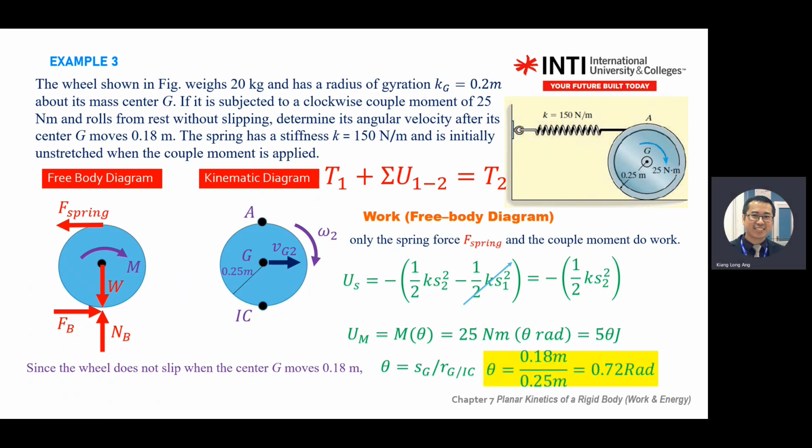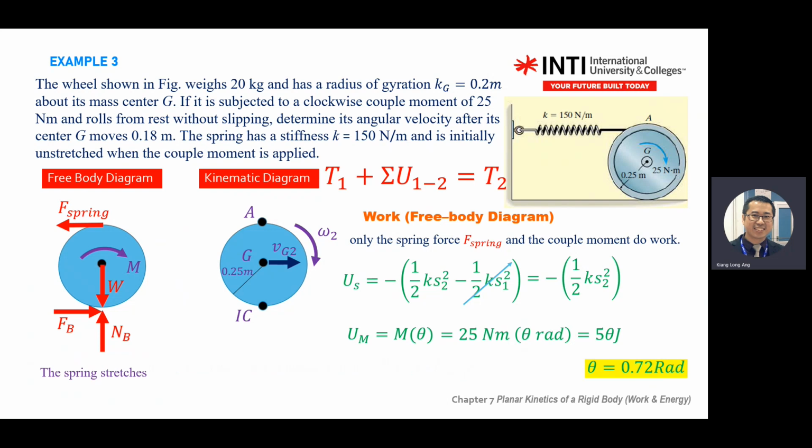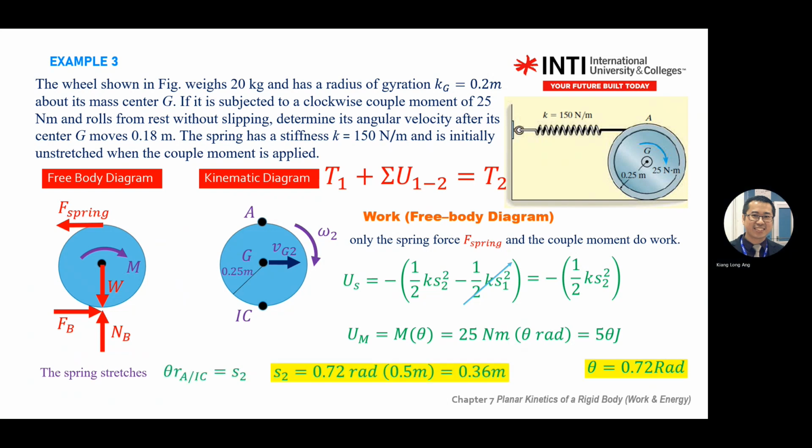So you find the angle will be 0.2 radian. Make sense? Once you have the radian, you substitute inside. You have your S2. S2 will rotate 0.36. Make sense? So this one will stretch, but the rotation of S2 is a bit different.